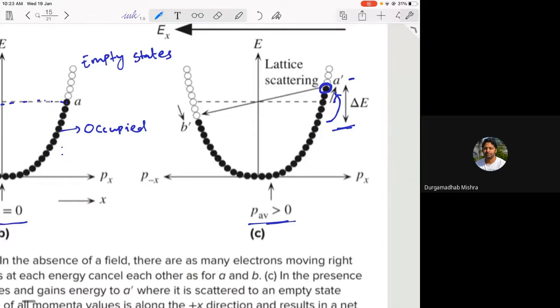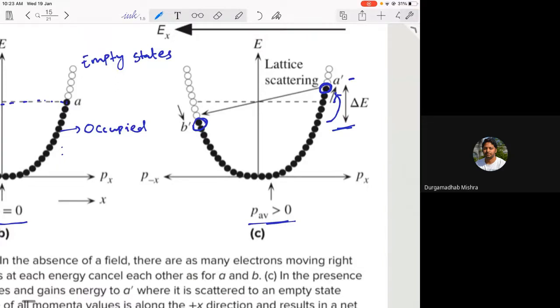Now, if it jumps to an unoccupied state, there are definitely states available. Which states are available? Those which are above this B dash. So the electron occupying a state at A dash will scatter.